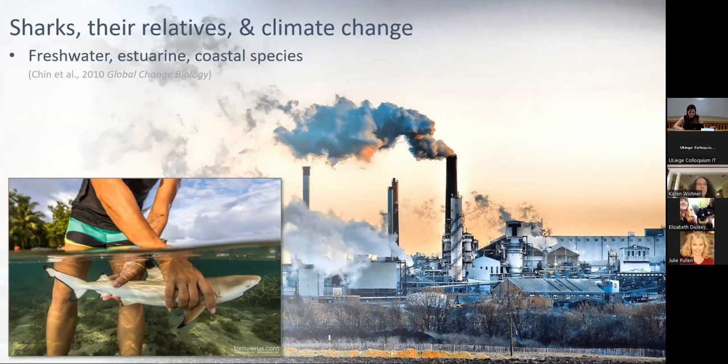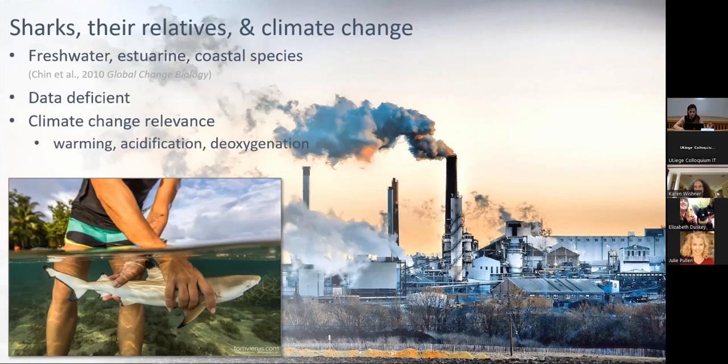Yet significant data deficiencies really precluded a lot of these generalizations. And at that point, the first climate change relevant study hadn't even been done on sharks and their relatives, considering either warming or acidification or deoxygenation. So it hadn't even been published. That was a big wake-up call.